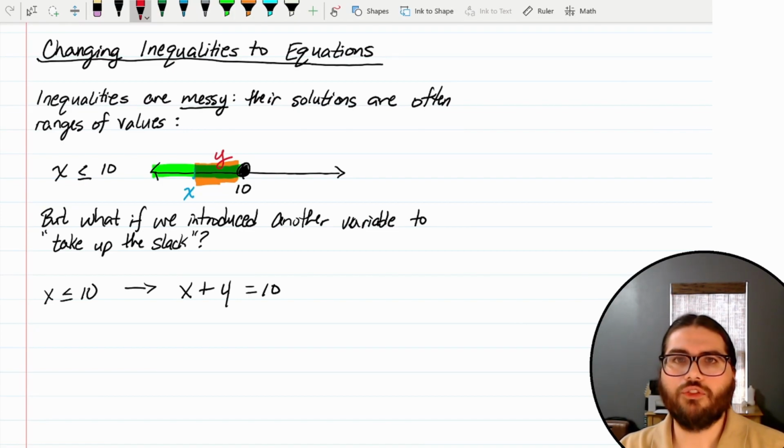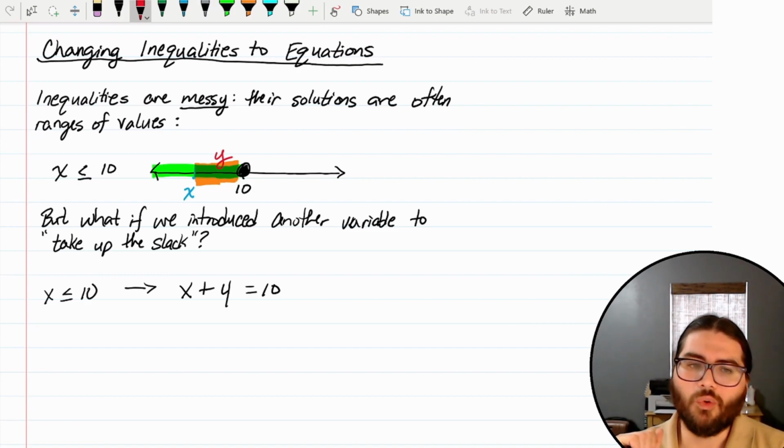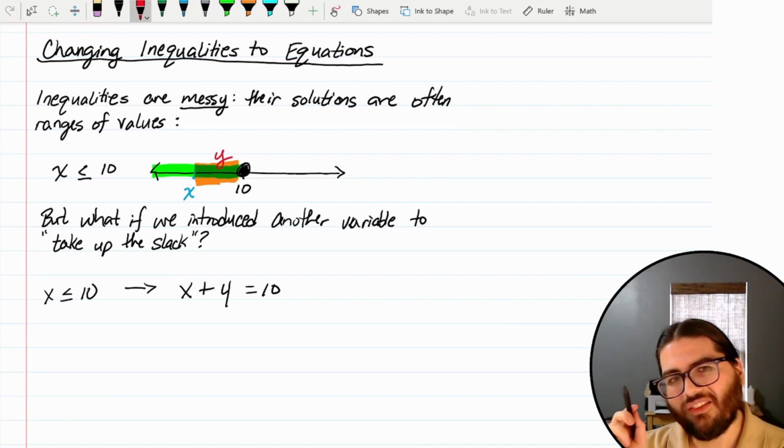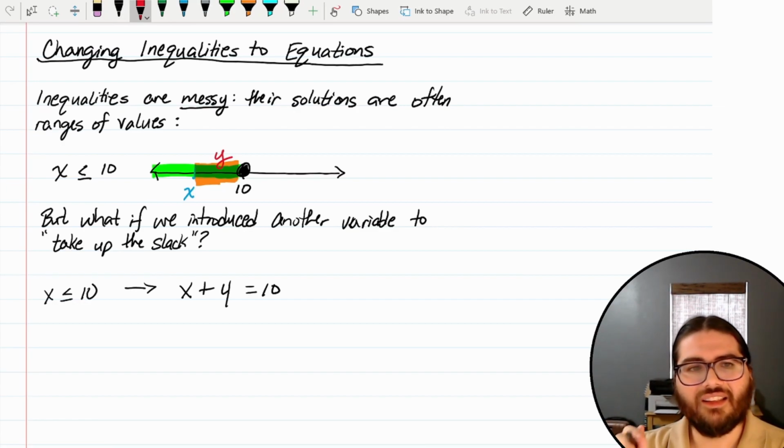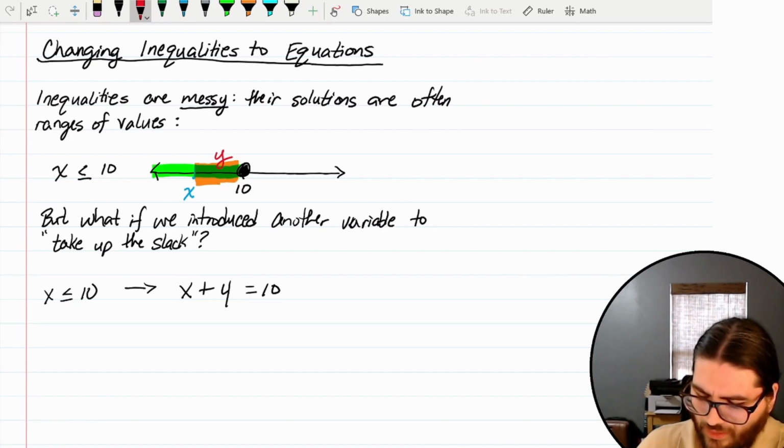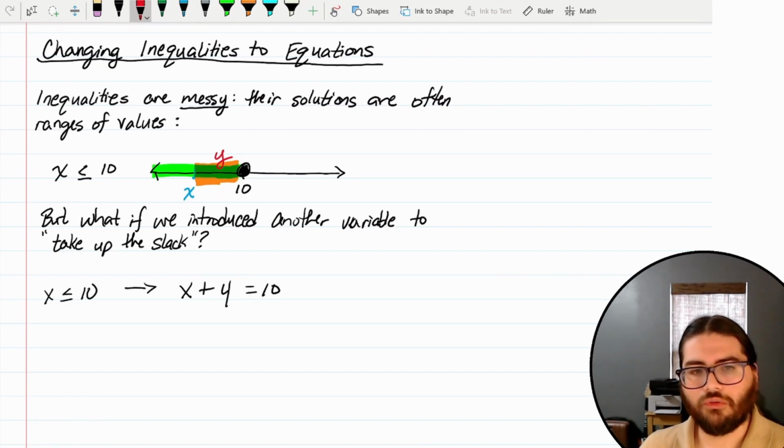So maybe I'll have 2 variables in my system of equations, but maybe I'll have 3 or 4, or maybe more. The idea is that the slack is captured within a brand new variable, and I'd rather have more variables than deal with the messiness of shading a solution. We'll call that a slack variable. We'll make it a little bit more formal in a bit.